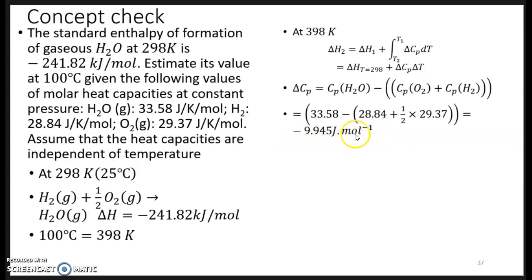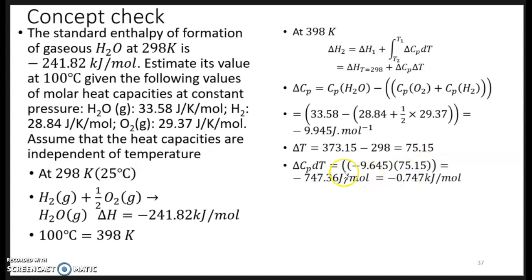It's important to note to always follow through with units. Our delta H is given in kilojoules, but we have our Cp in joules, so we have to convert it to kilojoules. The change in temperature: 100 degrees Celsius is 373.15 K. So 373.15 minus 298 is 75.15.